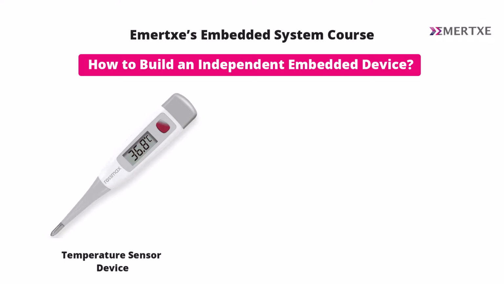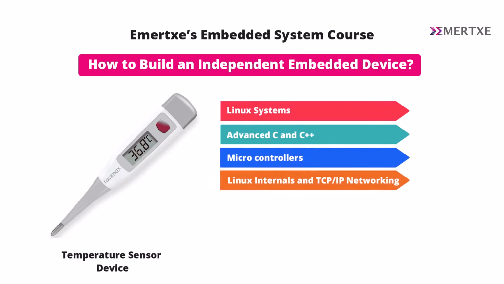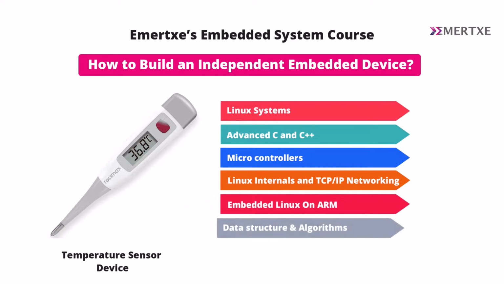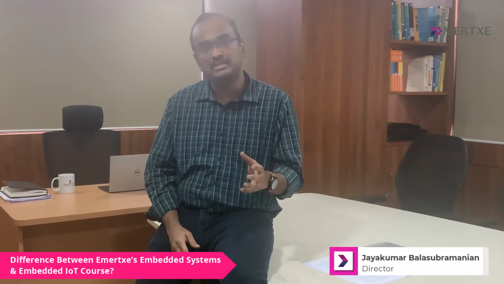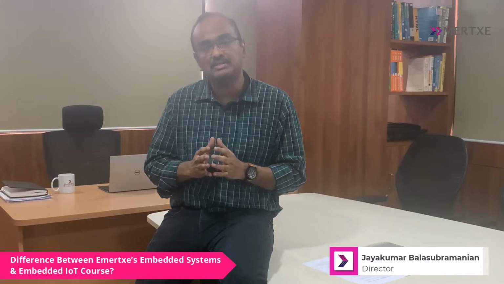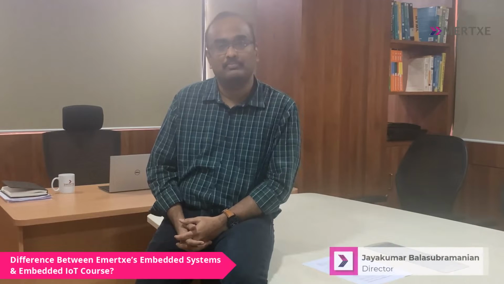Hence, it focuses on core embedded system technologies like C and C++ programming, microcontroller programming, Linux internals and networking, embedded Linux on ARM, and building elegant UI using a framework called Qt. As you can see, this particular embedded device may or may not be part of an IoT solution.